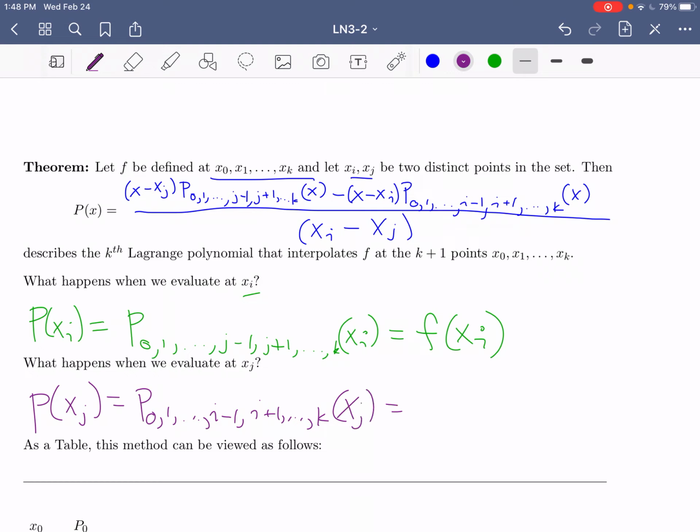Since that was a Lagrange polynomial, and this is a node that was used in it, it should agree with our function. That should be true no matter what choice of i and j we make.